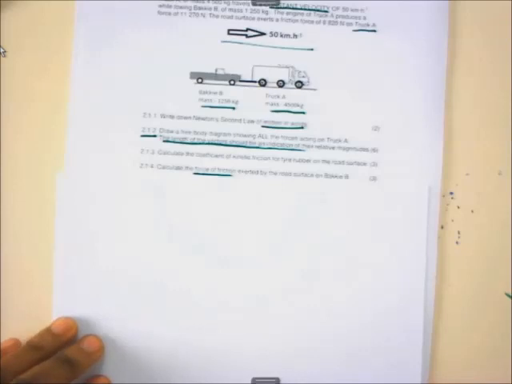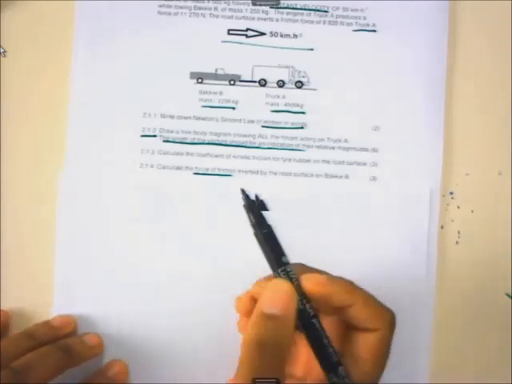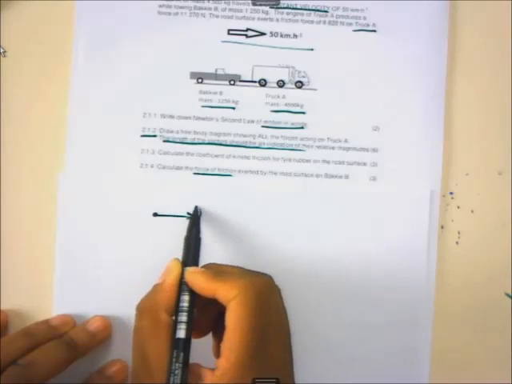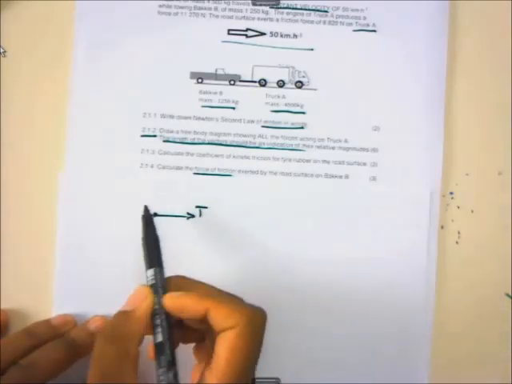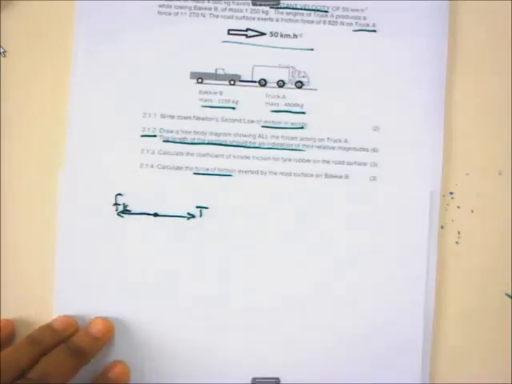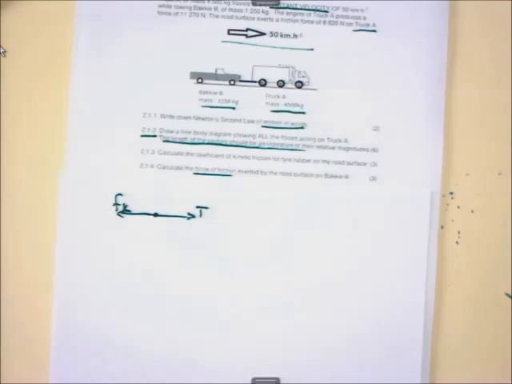Now, in this case, on buggy B, let's identify the forces acting on buggy B. We have tension, a force in that direction, and we also have kinetic friction. Why am I not saying friction? It is because we do not have the magnitude of friction, but because the object is in motion, it means that the friction is there, and we will be able to calculate it because it was not given.